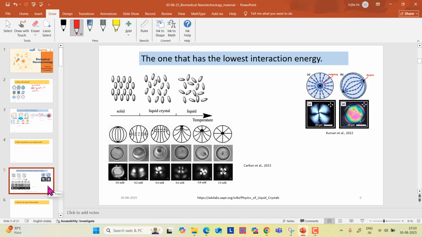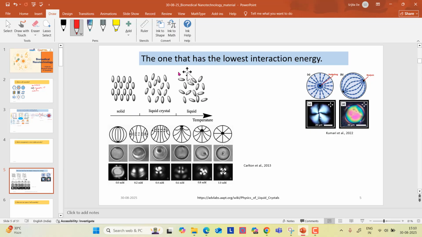I think many of you know about liquid crystal. Liquid crystal is a material which is the state of matter between solid and liquid. In solid, the molecules are arranged regularly, in the way they are organized in a crystal, right?